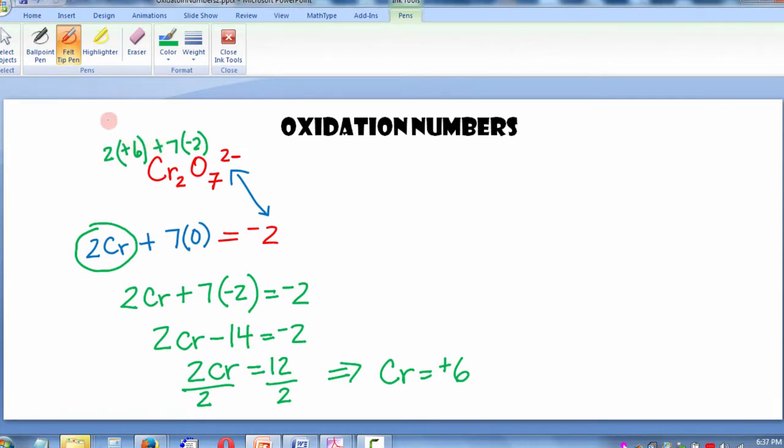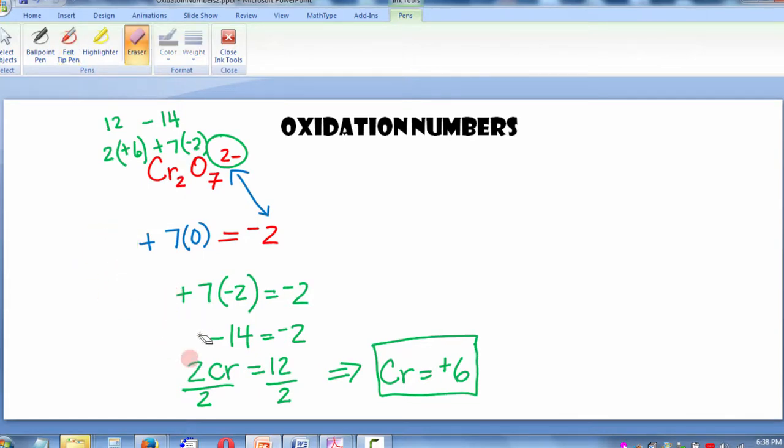Now, does 12, that's where that number comes from, minus 14, does that equal to a minus 2? Well, yes, it does. So that lets us know that we calculated the oxidation state of chromium correctly.